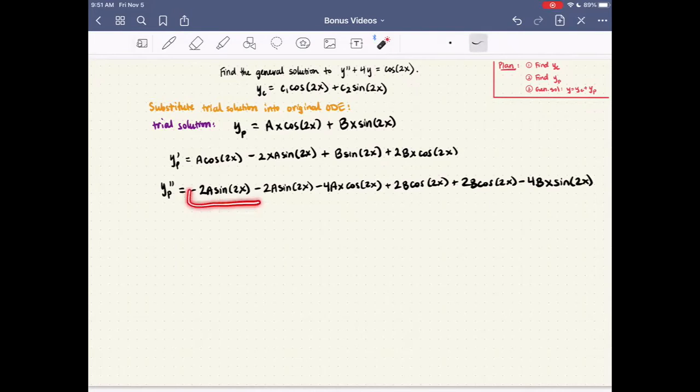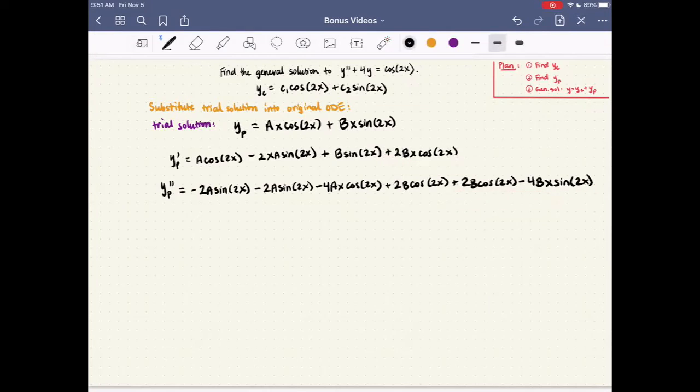So this derivative is coming from this term. These two terms here are coming from the derivative of this term. This term here, 2b cosine 2x, is coming from the derivative of this term. And these last two terms are coming from the derivative of the last term here.